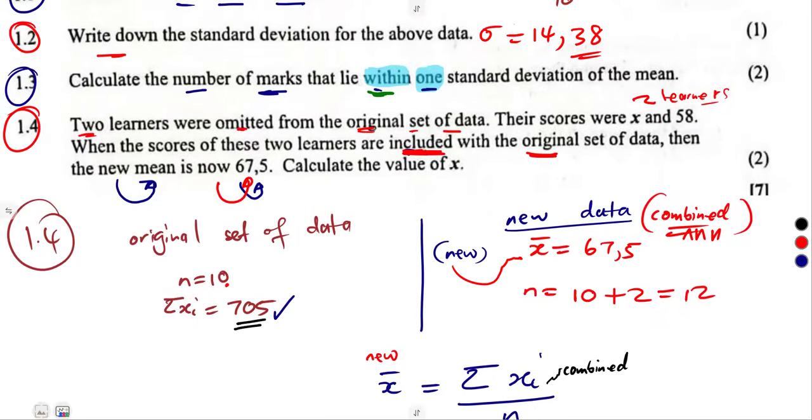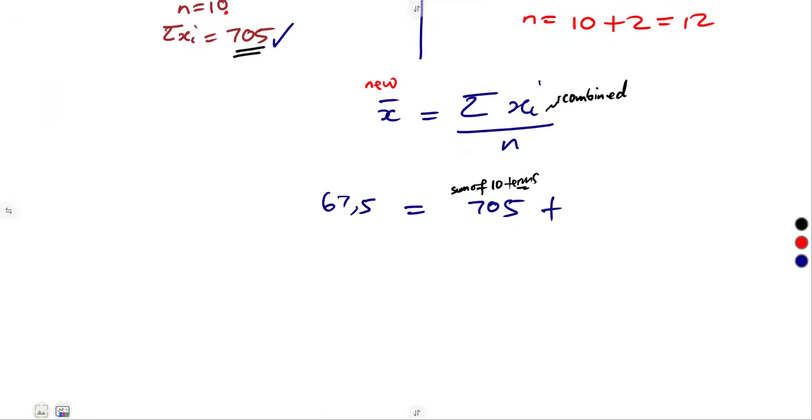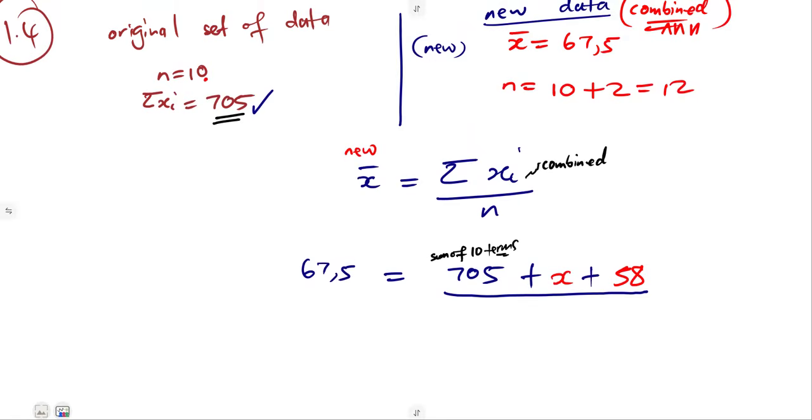It is because of these two learners, the one that was x and the other one that was 58. So we take these into consideration, the x and the 58. These two are the ones that were omitted before. So now they are added into our set, out of the n number of terms when they are combined together.